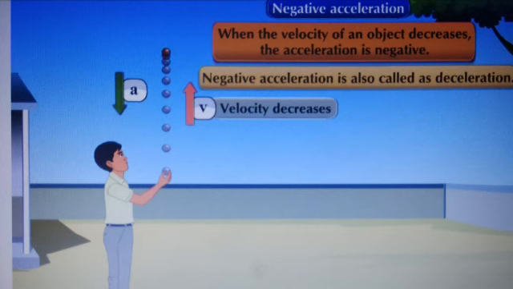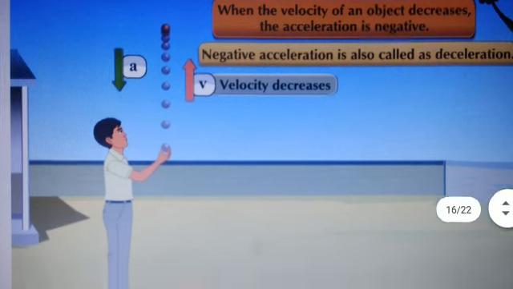In this picture, a boy is throwing a ball in the upward direction. First, it has velocity. As it goes up and up, its velocity goes on decreasing, and therefore this is the example of negative acceleration.